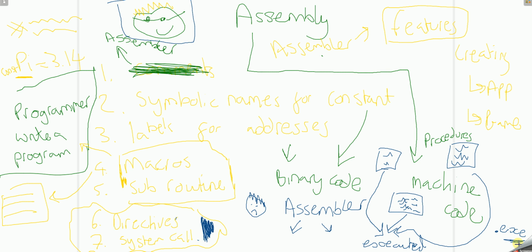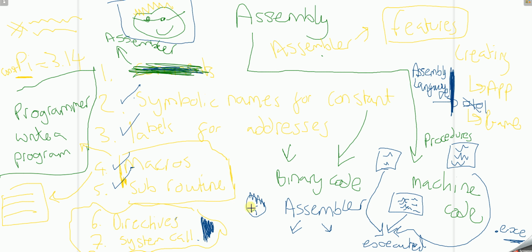Now, directives and system calls do not need to be turned into binary code. So when we've got our wall and we've got our assembly language, comments does not go through this wall and turn into binary. But the rest of them do. So this one does, this one does, this does, this does.